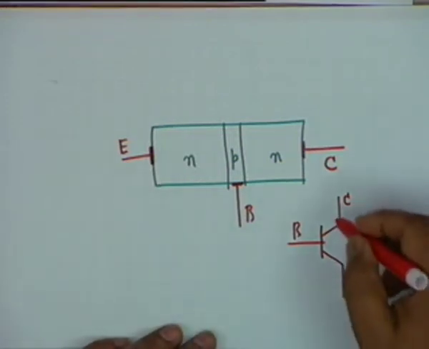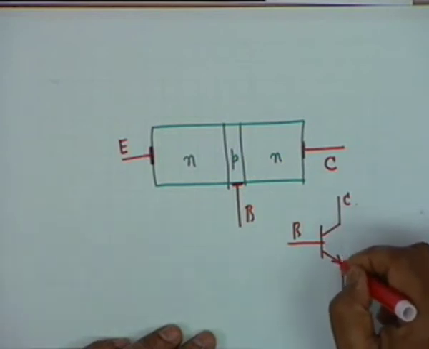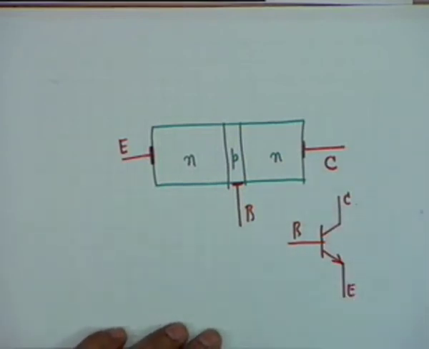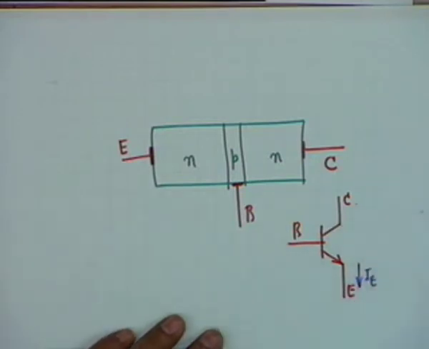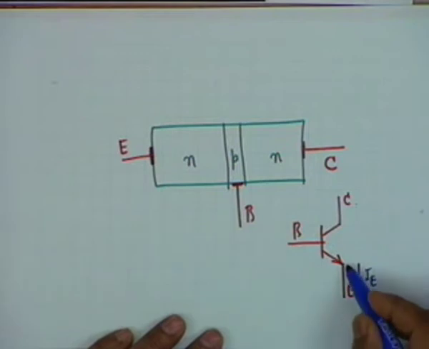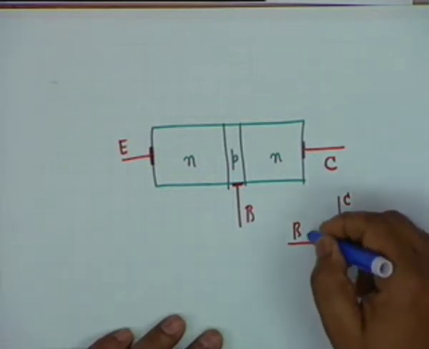You have to distinguish between the two terminals, so an arrow is added in the emitter, and the direction of the arrow has a very special significance. The direction of the arrow gives the actual direction of current at this terminal. The emitter current shall be in this direction. It gives the actual direction of the current, and this shows that this is NPN.